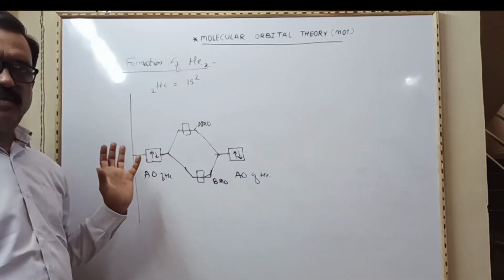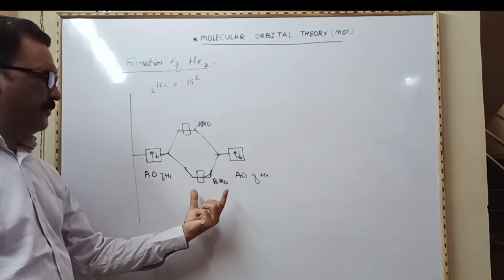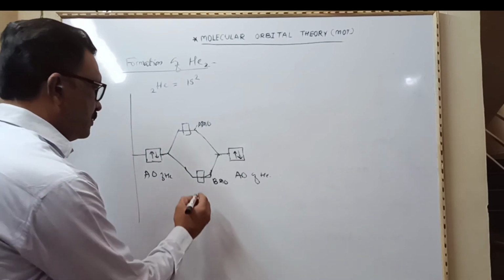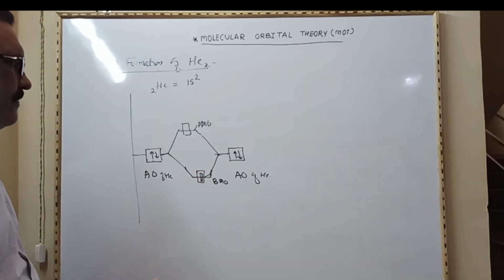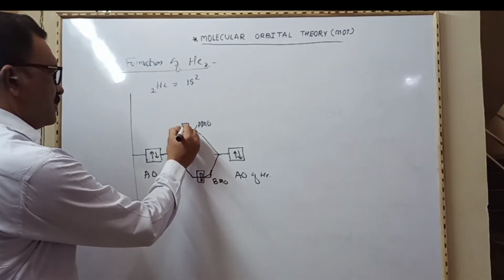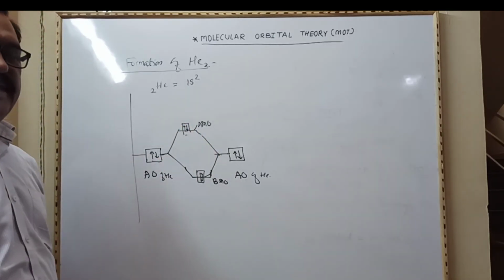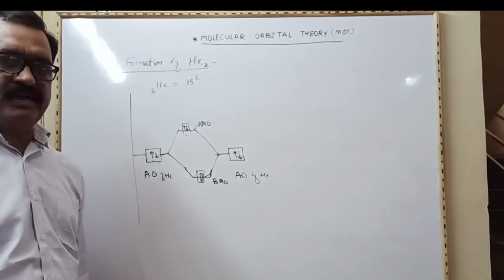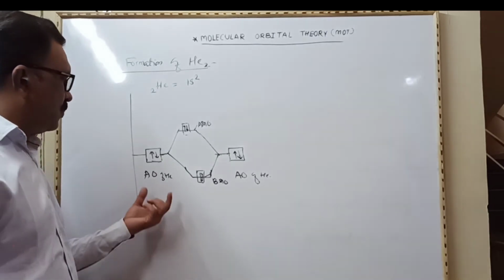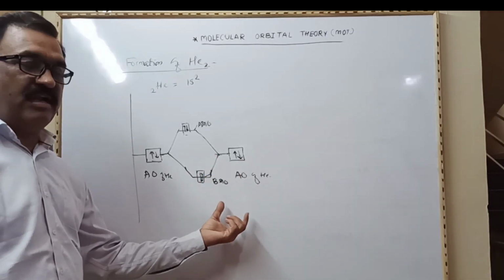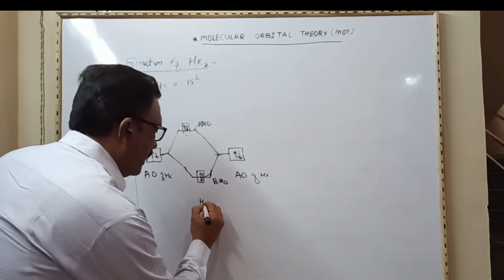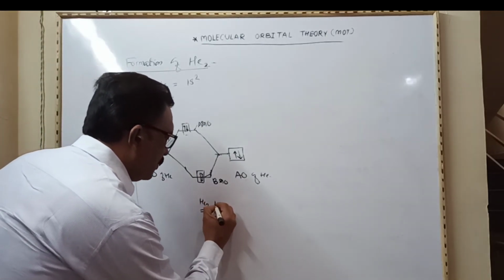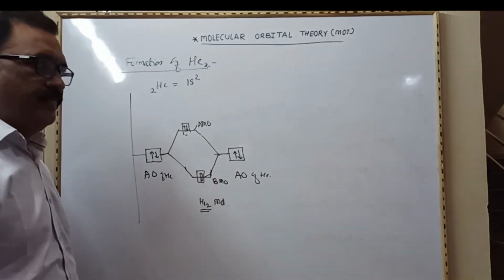During this overlapping, two electrons are present in the bonding molecular orbital, while two electrons are present in the anti-bonding molecular orbital. A total of 4 electrons are present in the He2 molecule.